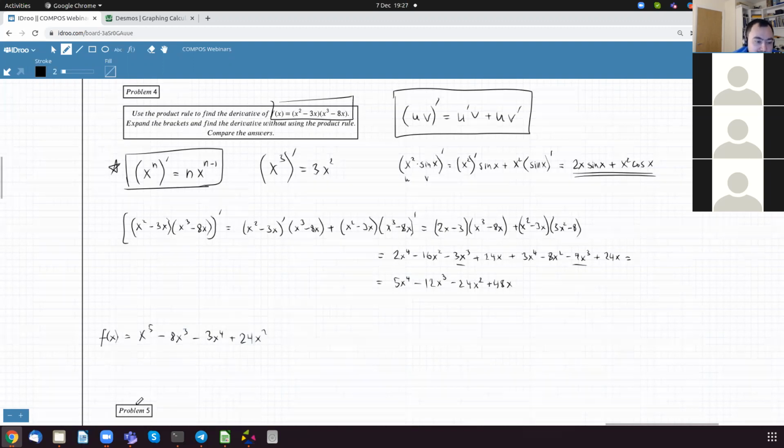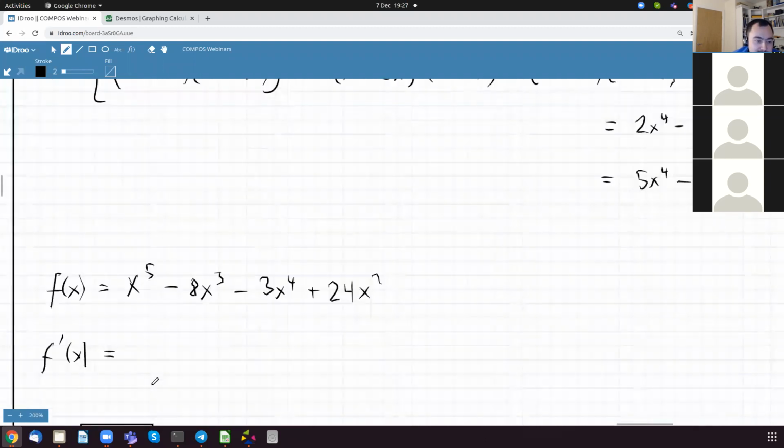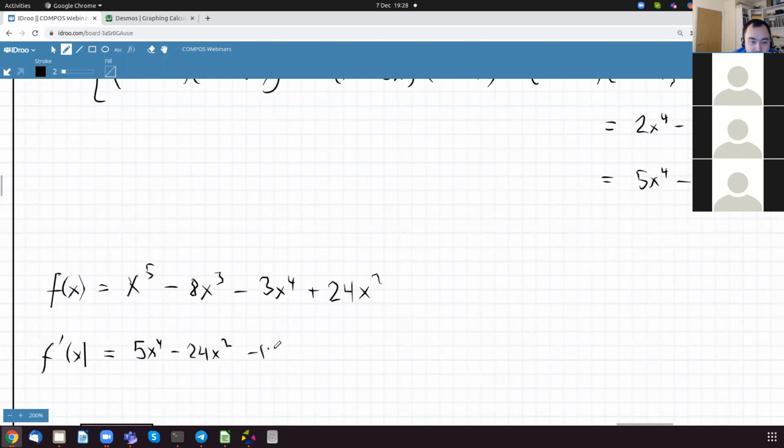We don't have any like terms, so we find the derivative, and it's going to be 5x to the power 4 minus 24x squared minus 12x cubed plus 48x.